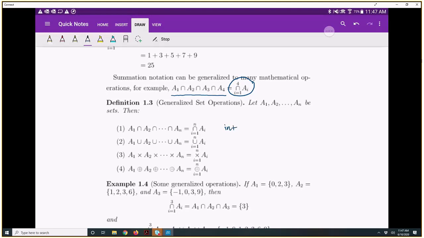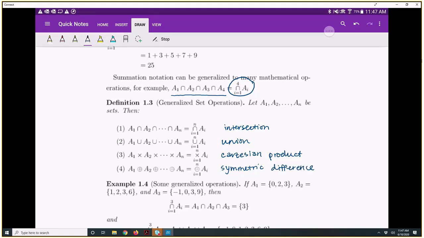So here are examples of how that would be written. This can be done for intersection, as you see here, union, also the Cartesian product, and the symmetric difference, all of which we learned in one of our first lectures on set operations.